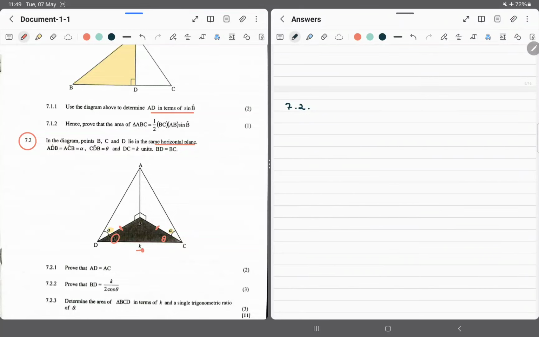Let's see here, because these are the two triangles. If we look at those two triangles, do you realize that these triangles are congruent? Because this side is common, and then this side is already given to be equal to that side. This angle is equal to that angle.